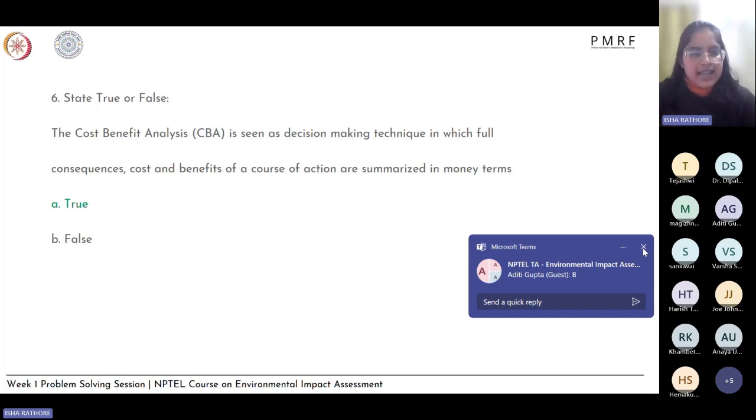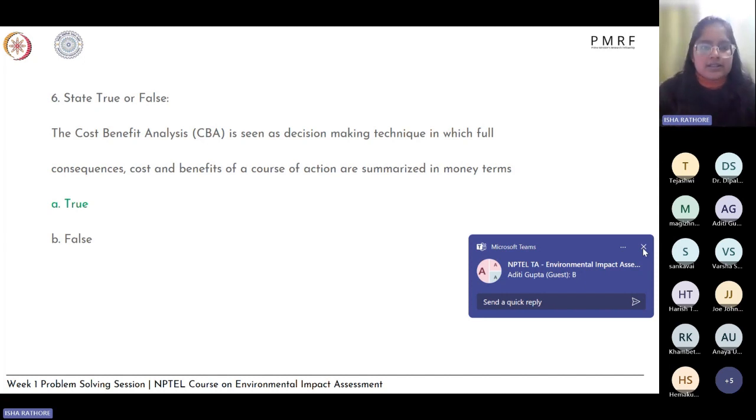So a cost benefit analysis includes considering the costs and benefits of any action or any policy which you are undertaking, and summarizing those effects in terms of money. How much is the cost of this action? How much is the benefit in monetary terms of this action? And it helps you to look at the action in a monetary sense.